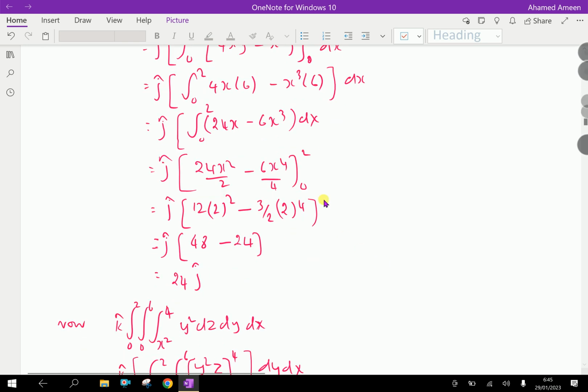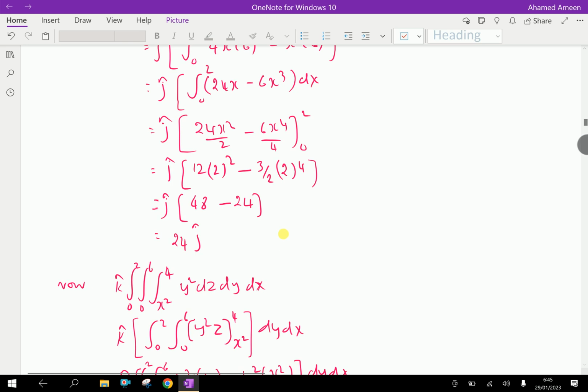Giving the limits 2 and 0, it becomes 12 into 2 squared, because 24 divided by 2 is 12, minus 3 by 2 into 2 to the power 4, since 6 by 4 is 3 by 2. This gives 48 minus 24, which is equal to 24j.